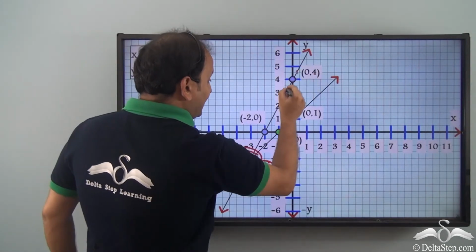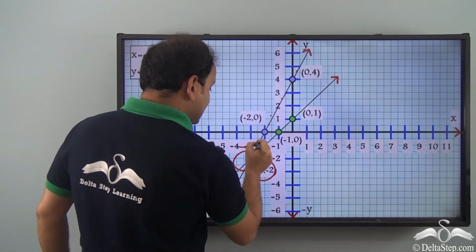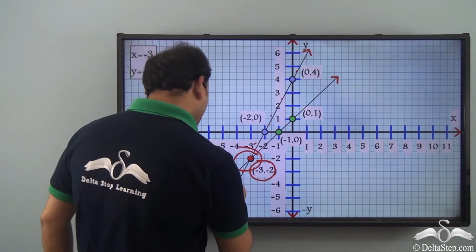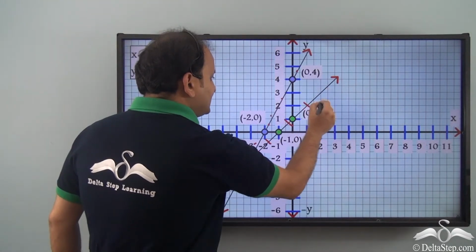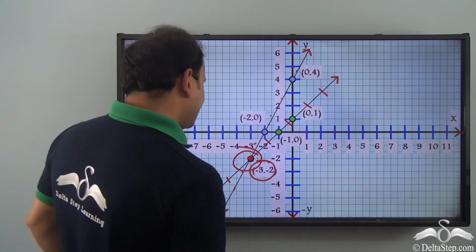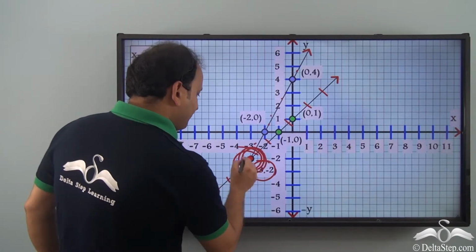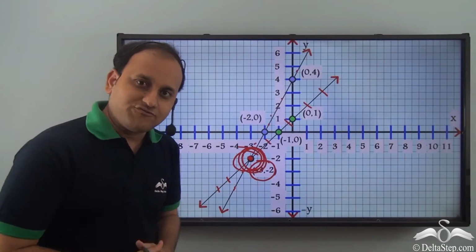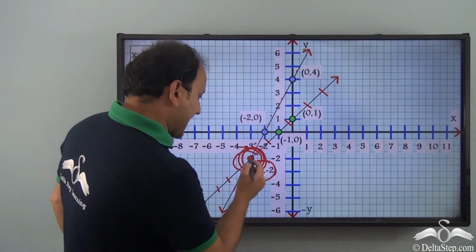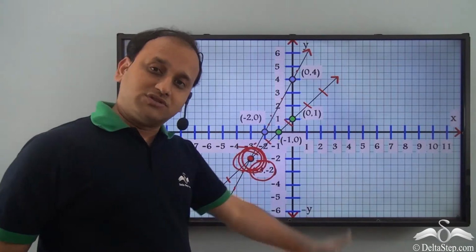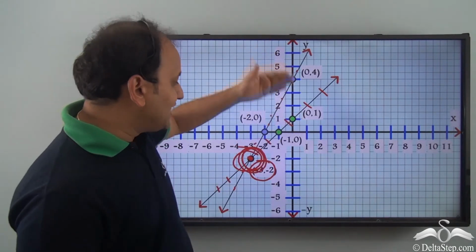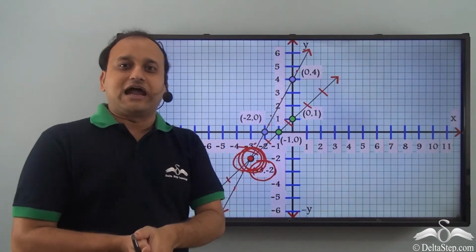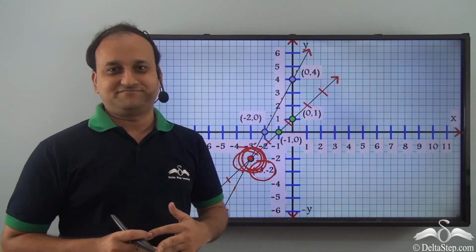So every point on this particular line will satisfy this particular equation, and every point on this particular line will satisfy this particular equation. But this intersection point will satisfy both the equations. So if you have to find the value of x and y which can satisfy both the equations, you need to plot their lines and the point of intersection will be the solution for that particular question.